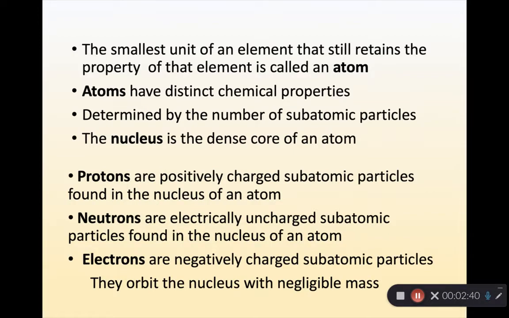I'm sure you've already had all of this in previous science courses, but this is just a quick refresher so that it's not confusing when we start talking about chemical reactions in biology. The electrons are negatively charged subatomic particles, and they orbit the nucleus.